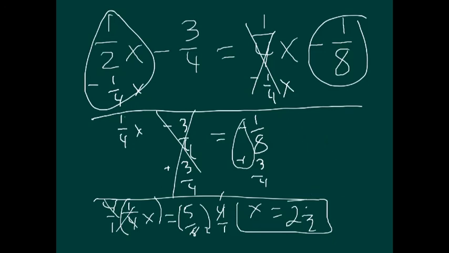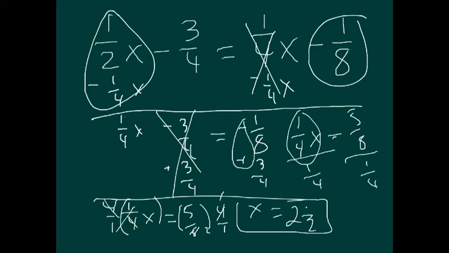If you don't like this and your brain doesn't work like that and you're saying to yourself, I have no idea how Miss Almeida is deciding to multiply by 4 over 1, this is what you can do. You can say to yourself, I know that the left side means a quarter times x. So the inverse operation of multiplying is dividing. From there, you can say to yourself, I also know that this is a complex fraction.